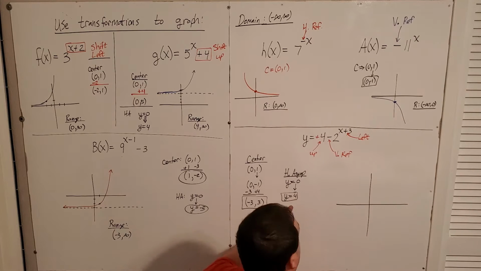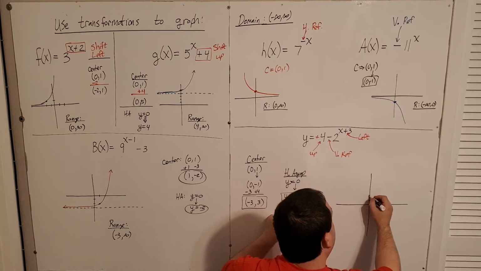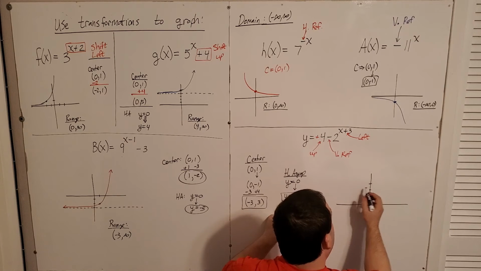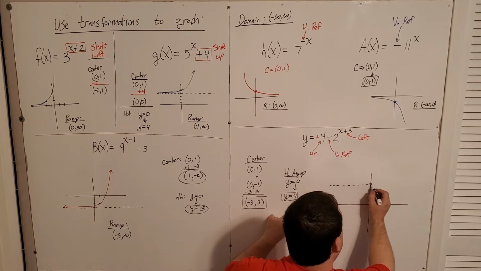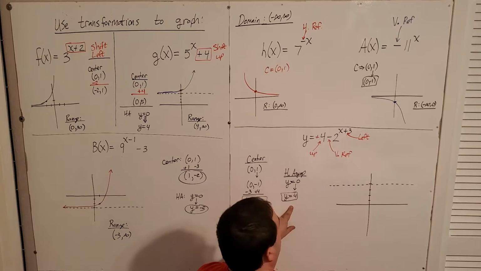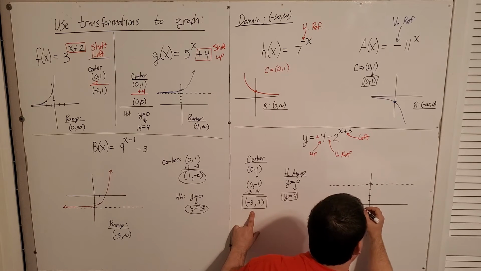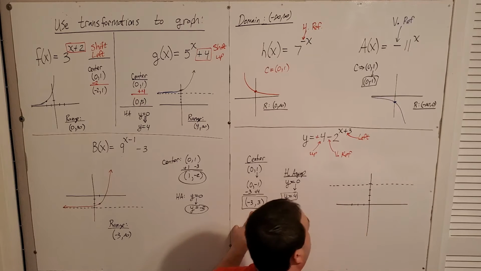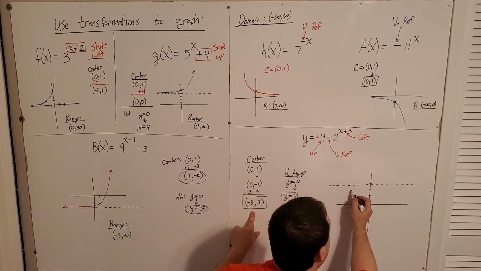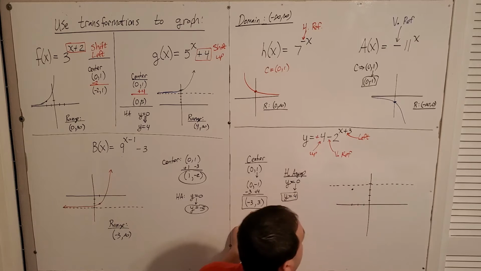Okay, y equals 4 is my asymptote. Okay, and my center point is -3, 3. So let's put some marks on here. -3 up 3 is right here.